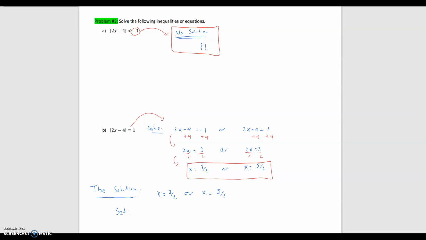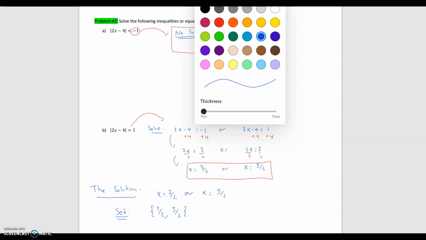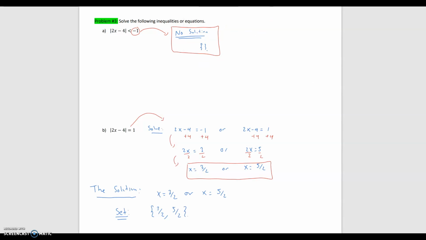Let me put the set, because I don't think we've done a set that only contains two values, or I don't remember. So in this case, it'll be 3 halves, comma, 5 halves, and that would be fine. They're not asking for any specific way to express a solution. All they mention is to solve. So in this case, this would have been sufficient to express the 3 halves and the 5 halves as the solution. That's it for part B.